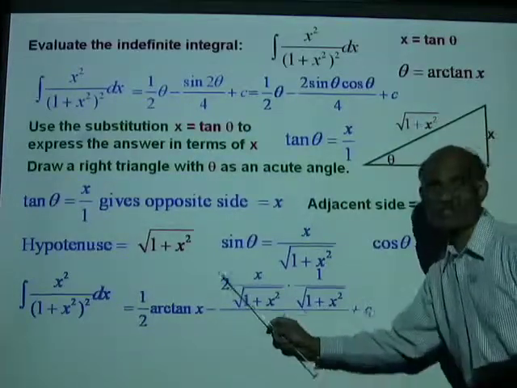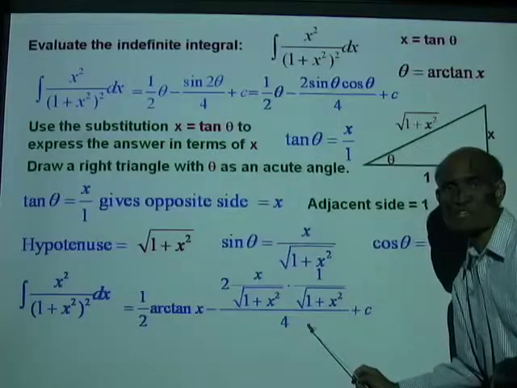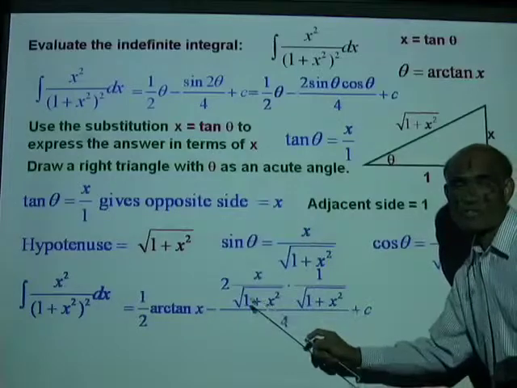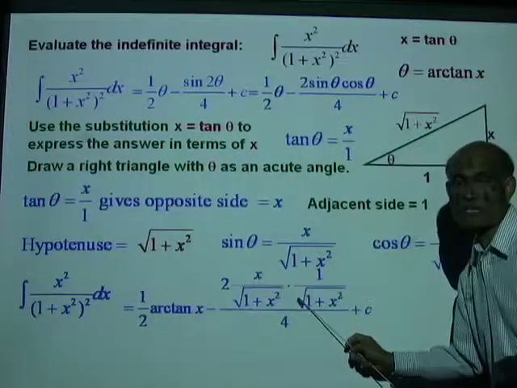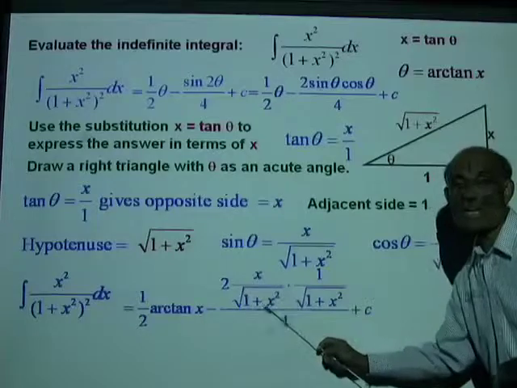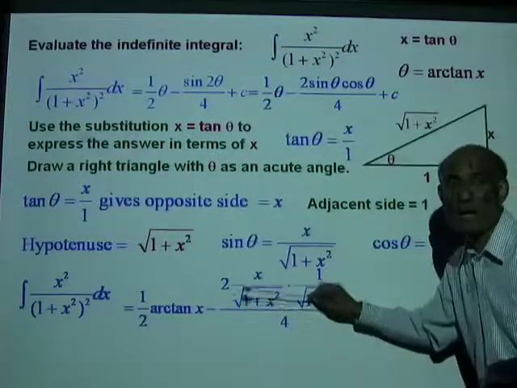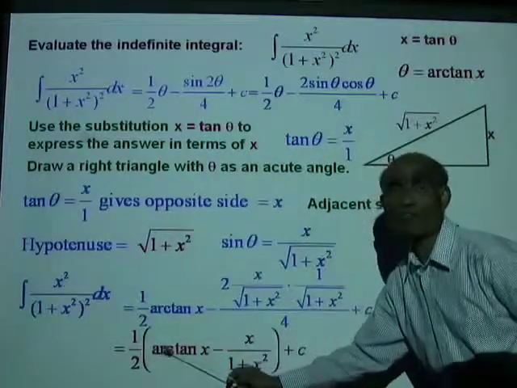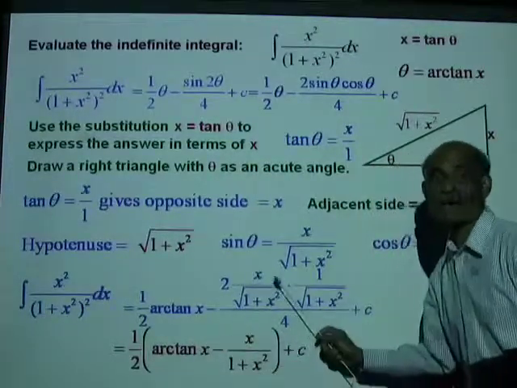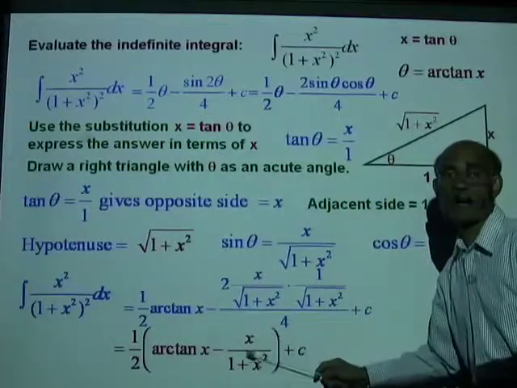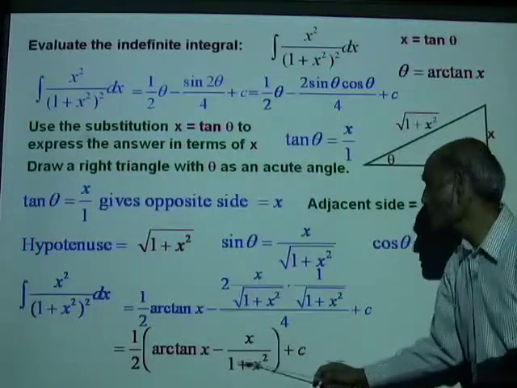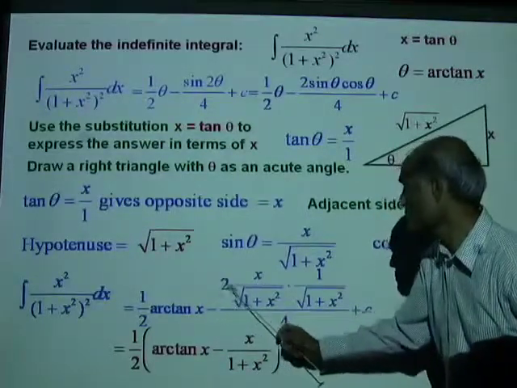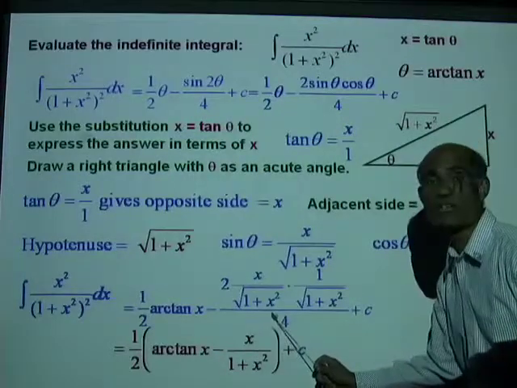And that gives you, you can see the 2 and the 4 cancel, leaving a 2 at the bottom. And x times 1 is x. Square root 1 plus x squared times square root 1 plus x squared is 1 plus x squared, and that will go to the denominator. So our answer is 1/2 of arctan x minus x divided by 1 plus x squared.